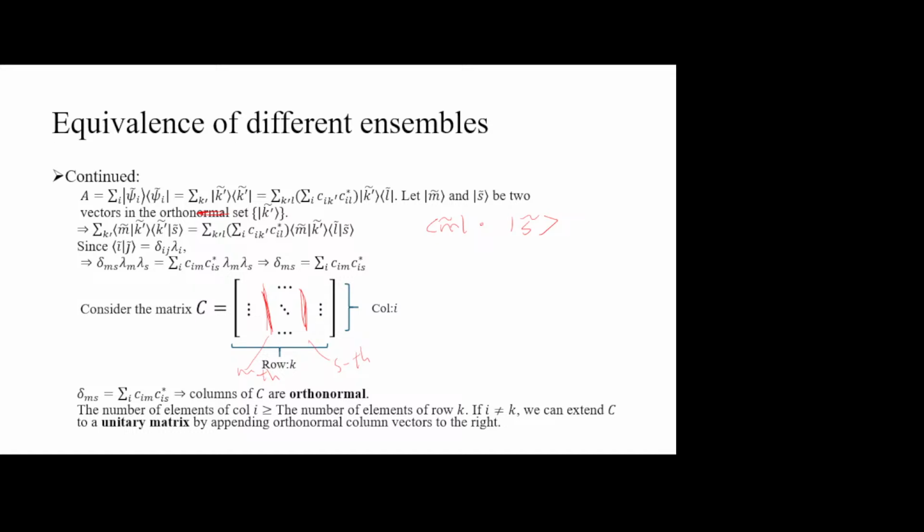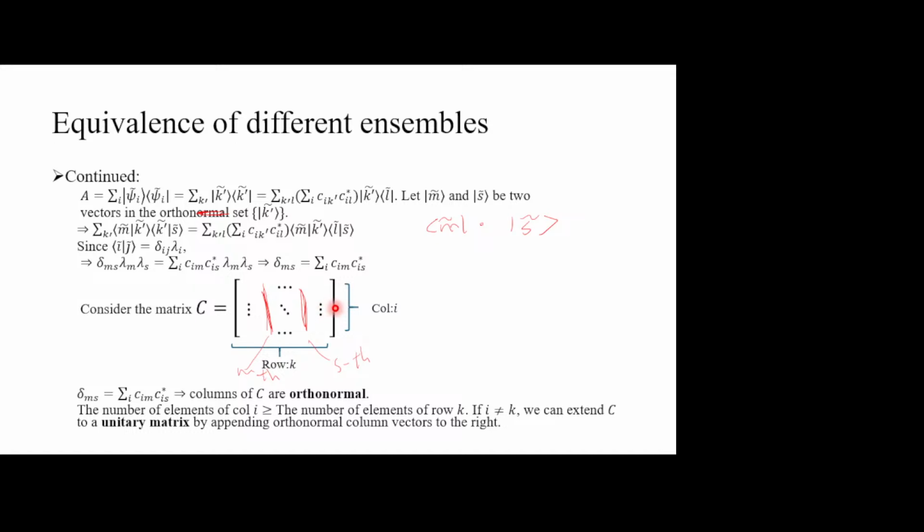Okay, so this thing is equal to 1 if and only if n equal to s. That means all the columns of C are also normal to each other. This is the inner product of the nth column and the sth column. Okay, just like before.